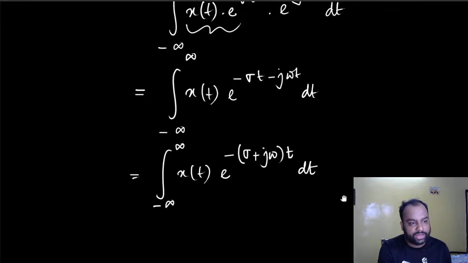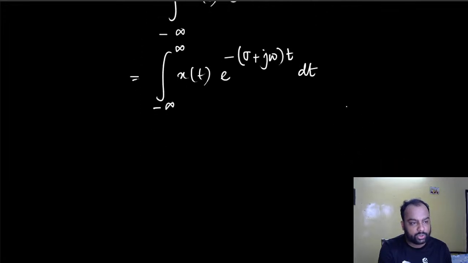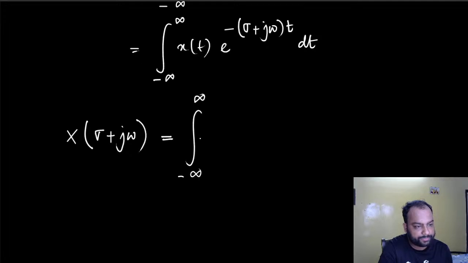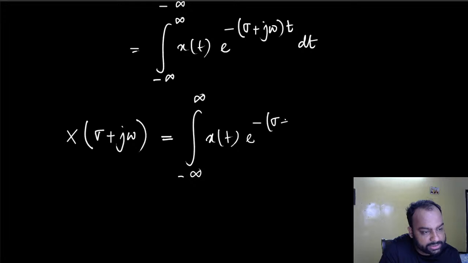The way we used to write the Fourier transform, we would write X(omega) here. Instead, the transform would be a function of sigma plus j omega, not just omega. So this is the integral of x(t) e to the power minus (sigma plus j omega) t dt.